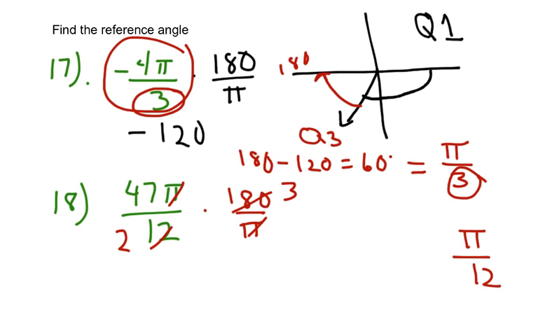So 3, should do 150. I should use a calculator. 47 times 3 is... Well, it's still kind of hard. 141 over 2.